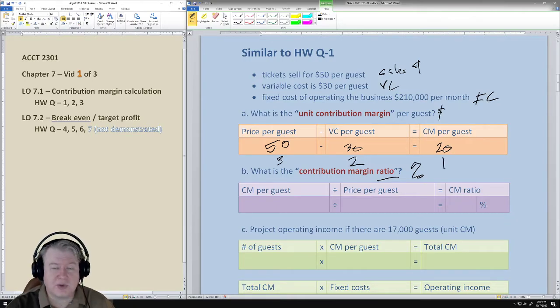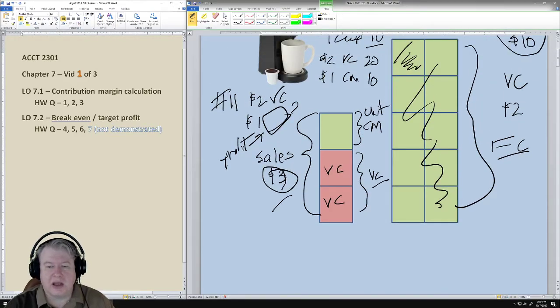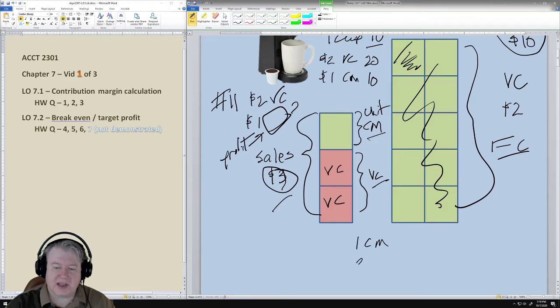Same straightforward formula. What is the ratio? Just to compare with up here, if the contribution margin is 1 and the sales price is 3, what we're saying is 1 out of every $3 is contribution margin, or 33%.